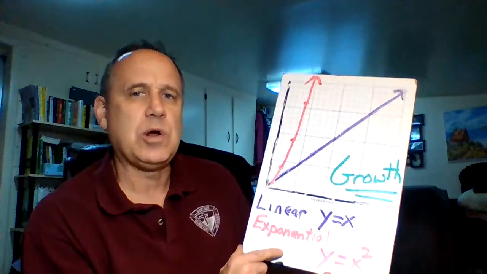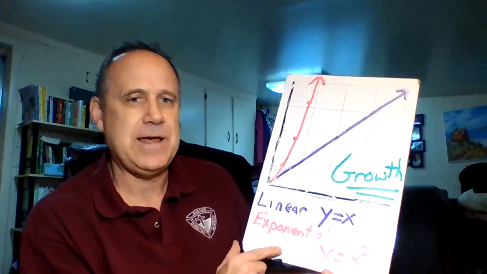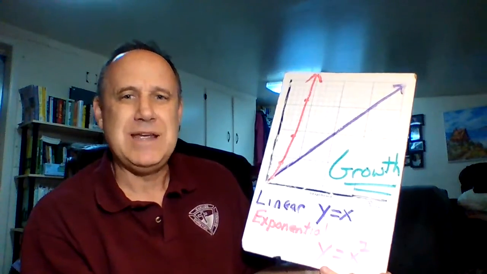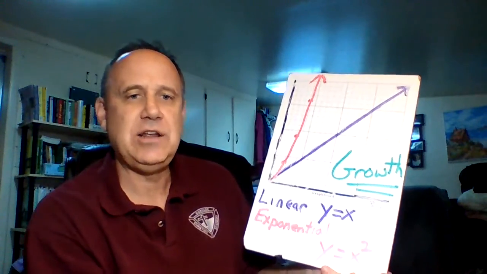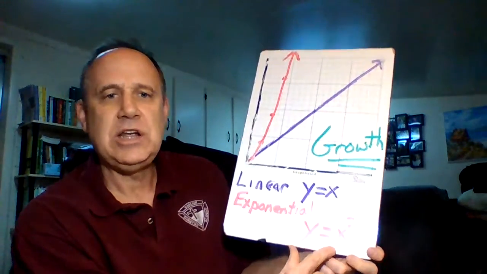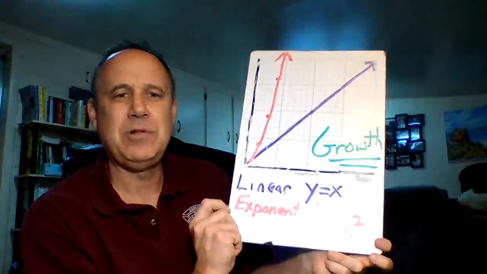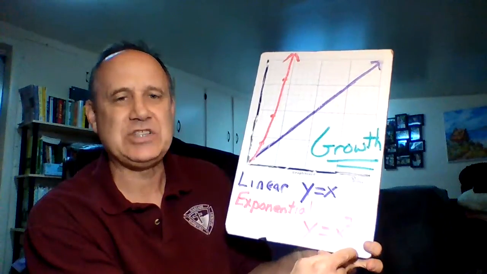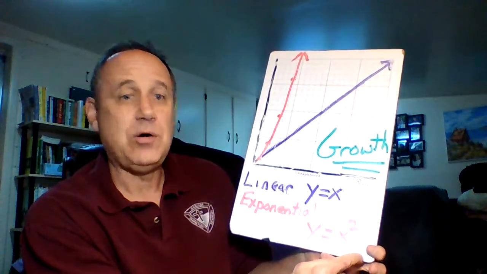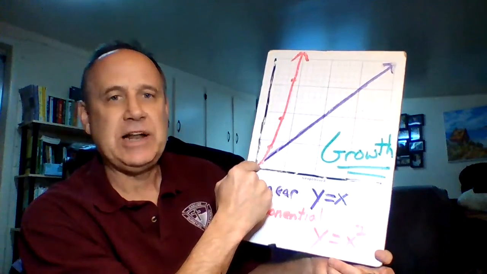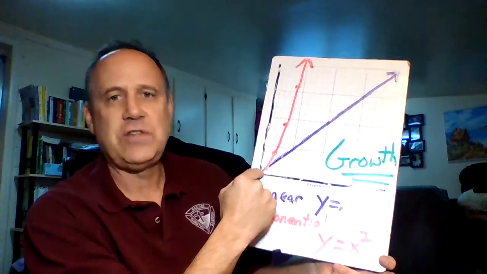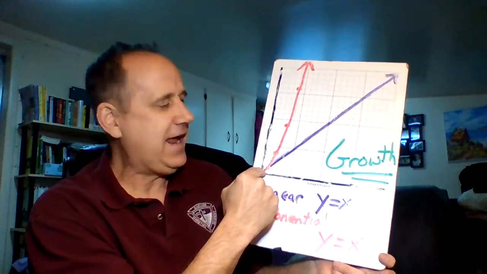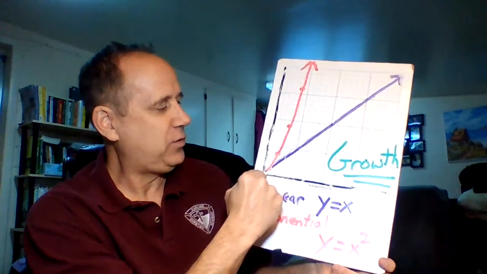Exponential growth is what we're going to be looking at today. Exponential growth means that you have an exponent associated with your equation. In this example, it's y equals x squared. When we see exponential growth, which is our red graph, we start at the origin again, and my first point would be 1, 1.